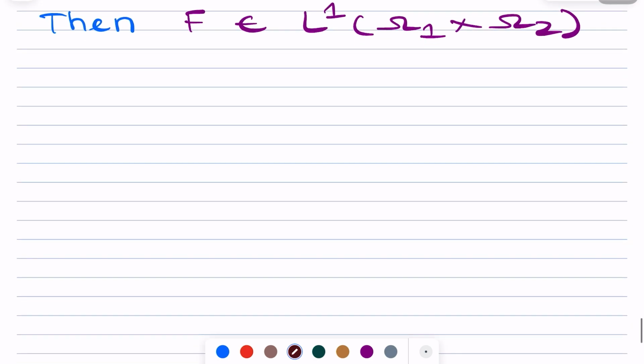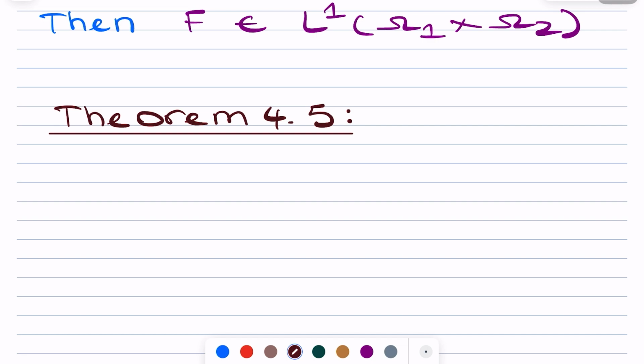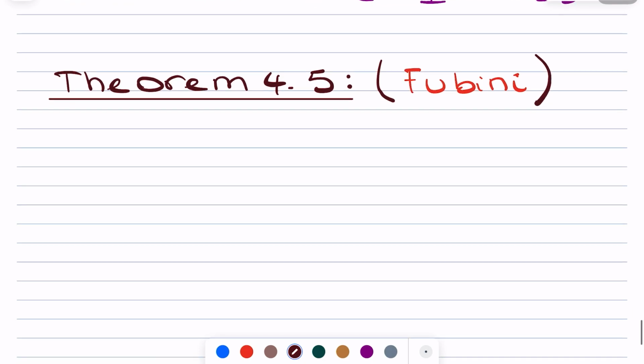Theorem 4.5. This is Fubini. It's about when to interchange the order of integration. Assume that f is in L1 of Omega 1 cross Omega 2.